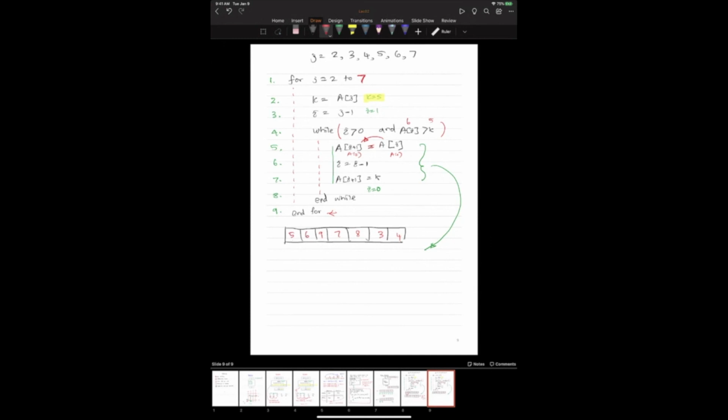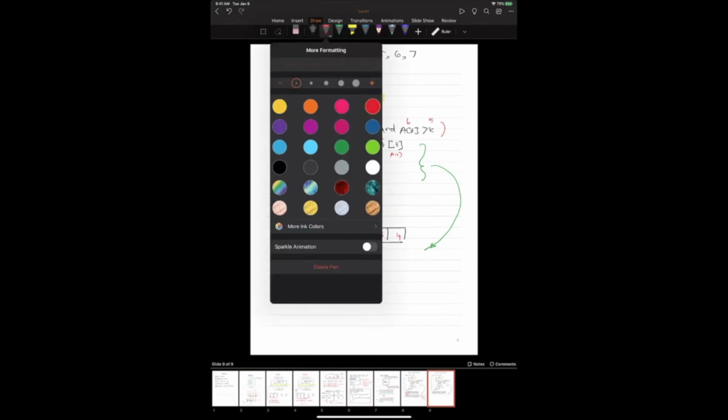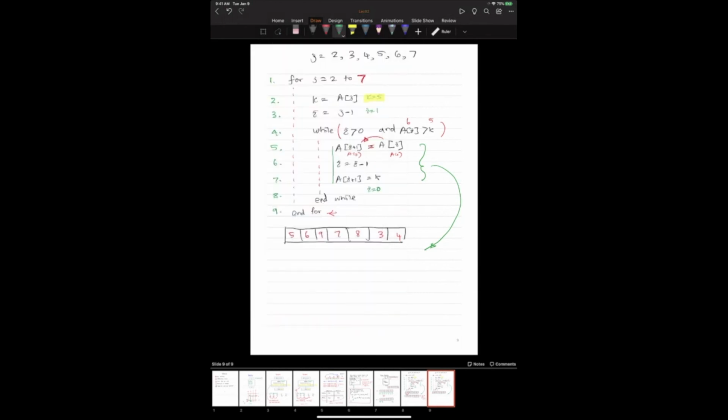Okay, so now j is equal to 3. K is equal to Aj. So A3. A3 is, if you look at the present state, A keeps changing. As the program executes, A will change.